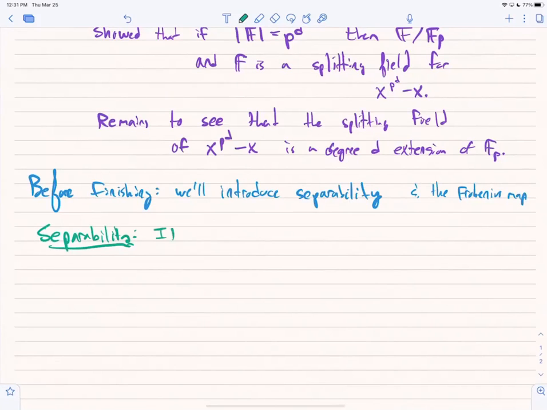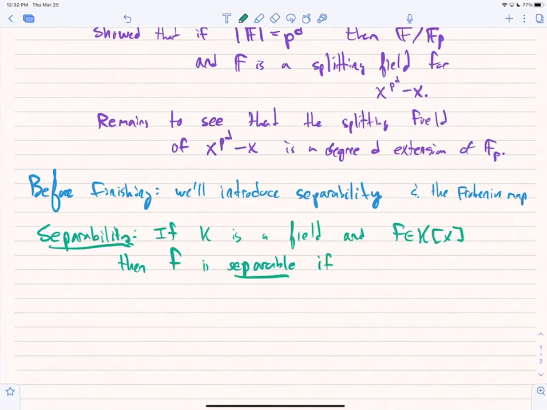So if K is a field and F is a polynomial with coefficients in K, then F is called separable if it does not have any roots of multiplicity greater than 1 in a splitting field.